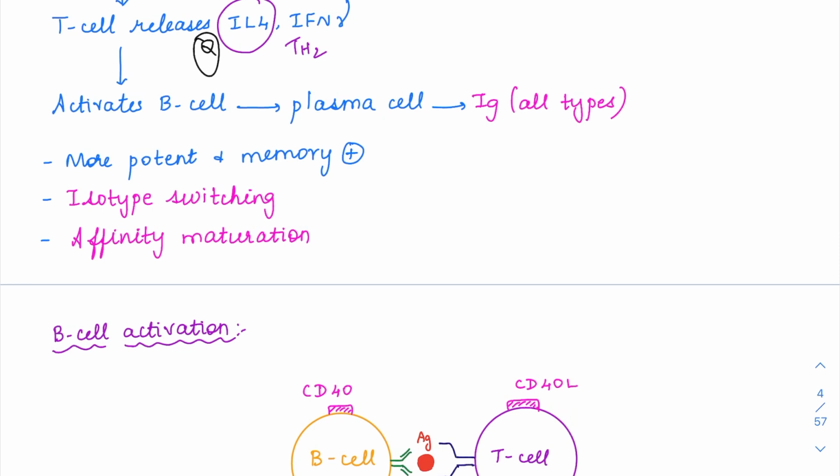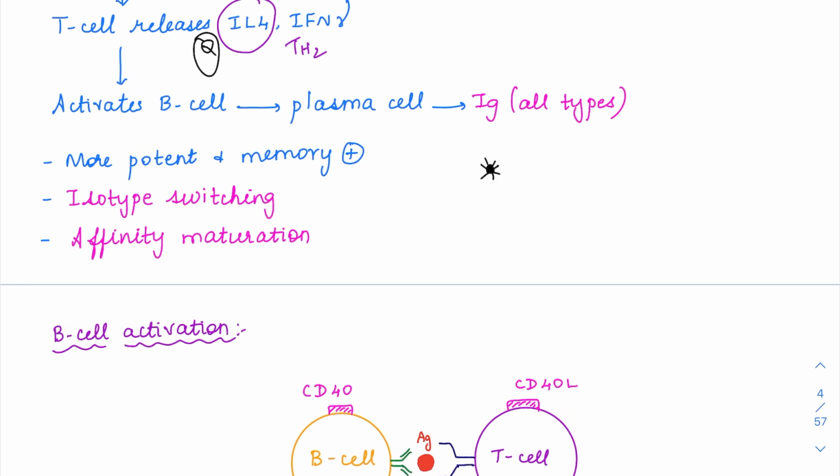So for this isotype class switching, we need interleukin 4 again. It is very important because it produces specific antibodies to the antigen. This is also called affinity maturation. Suppose this is an antigen which has many parts.